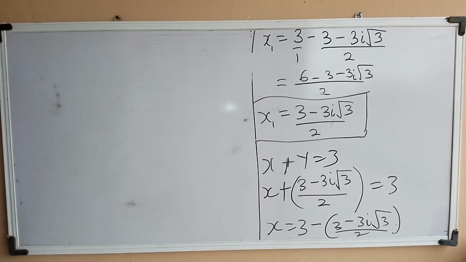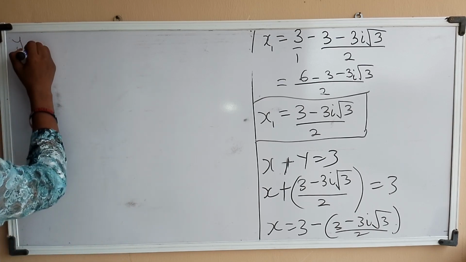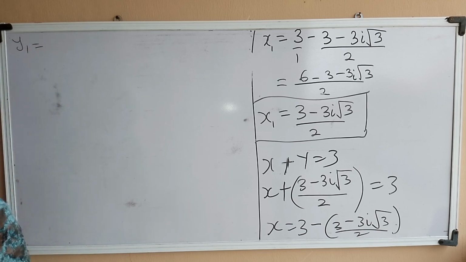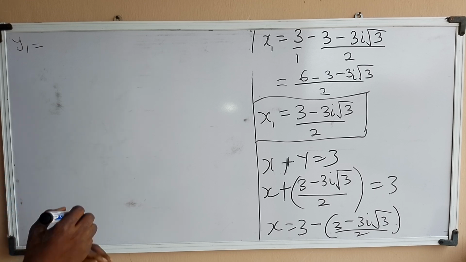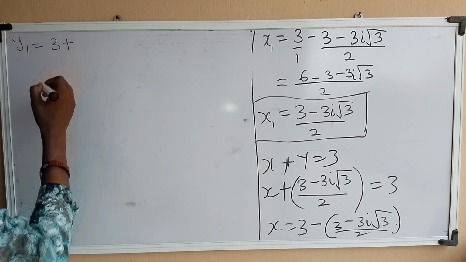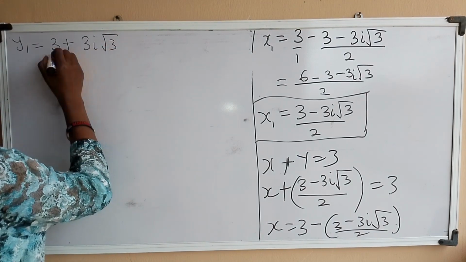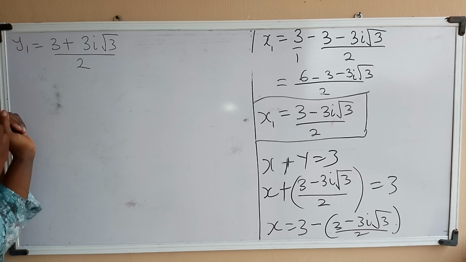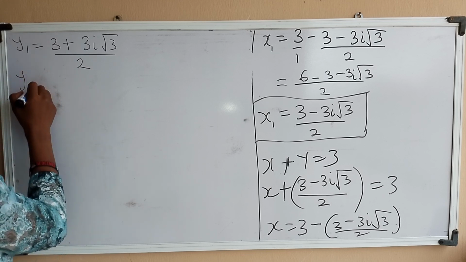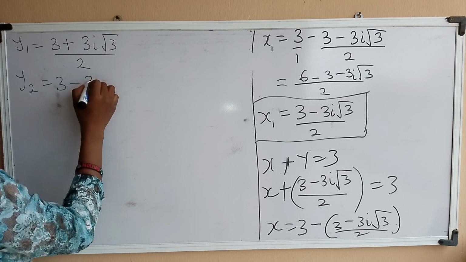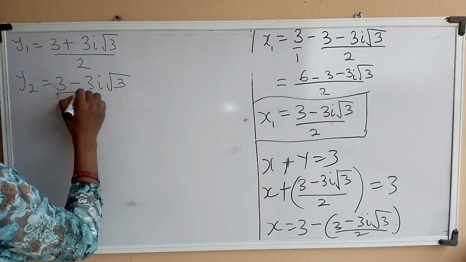All right, so we have our y1 to be 3 plus 3i root 3 all over 2. Our y2 to be 3 minus 3i root 3 over 2.